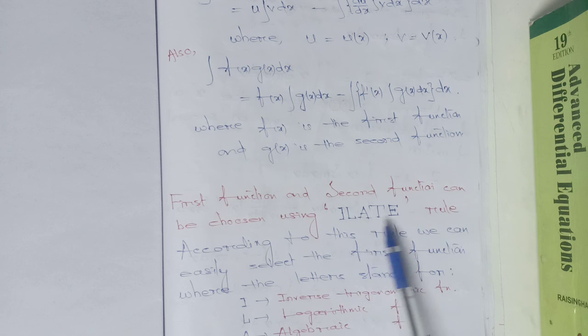So students, ILATE means I stands for inverse trigonometric function, L stands for logarithmic function, A stands for algebraic function, T stands for trigonometric function, and E stands for exponential function. So whenever this type of function comes, we take it as the first function u and proceed with the integration by parts rule.